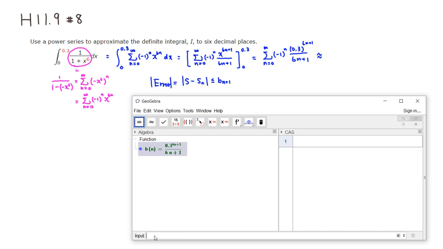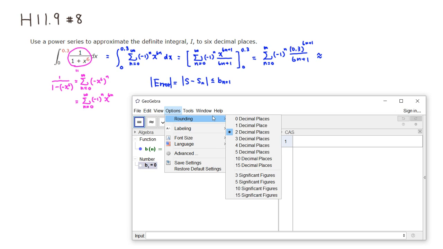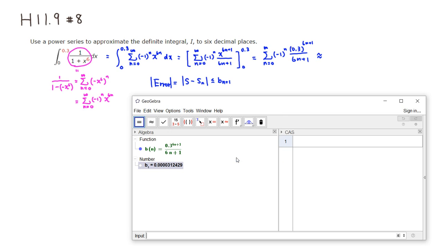Then we want to make sure that this is small enough. So I'm going to compute, for example, b1 equals b of 1. I need to change the option here, rounding to 10 decimal places.